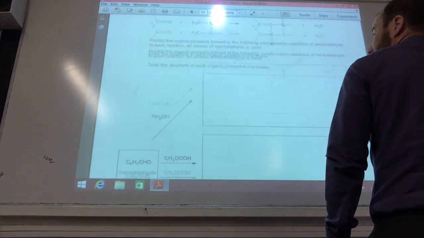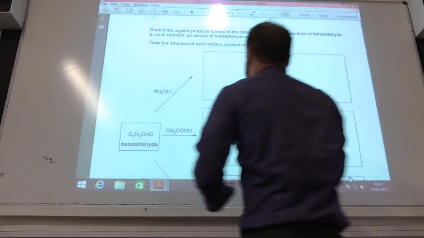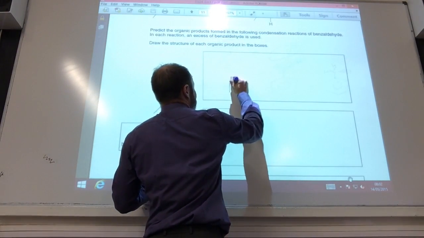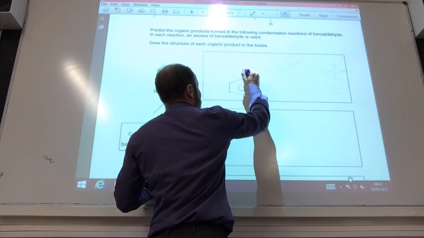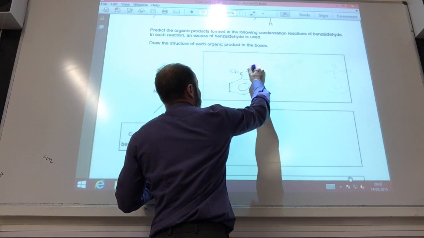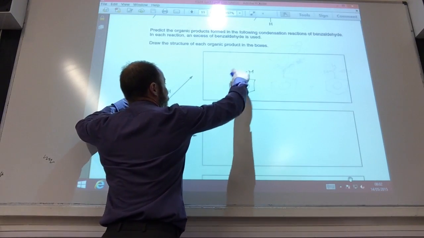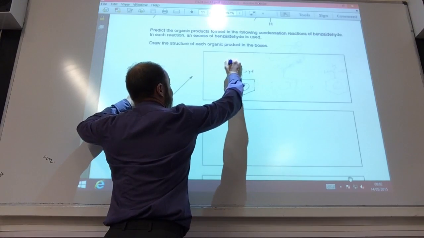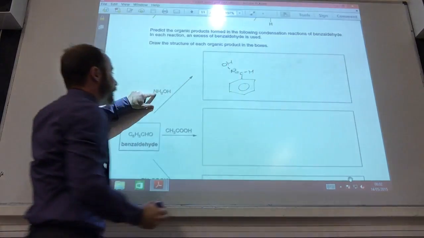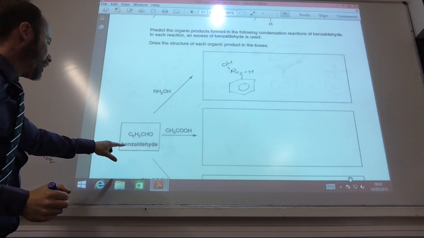So the first thing I need to do is take benzaldehyde, and react it now with NH2, but this one I've just replaced that with an N, and that becomes OH, like so.